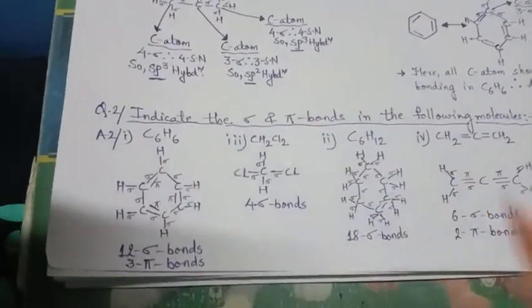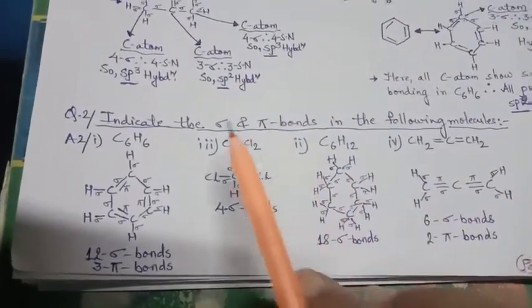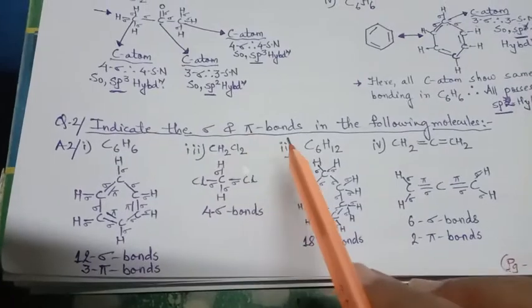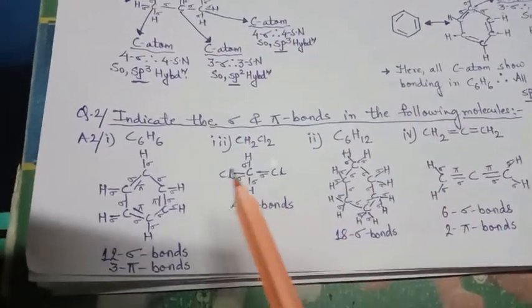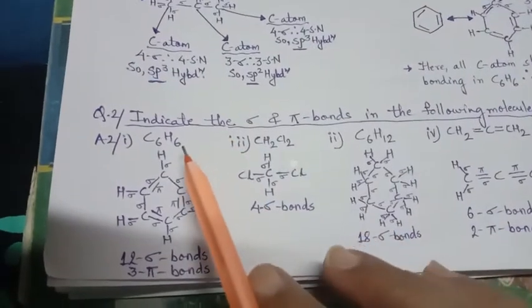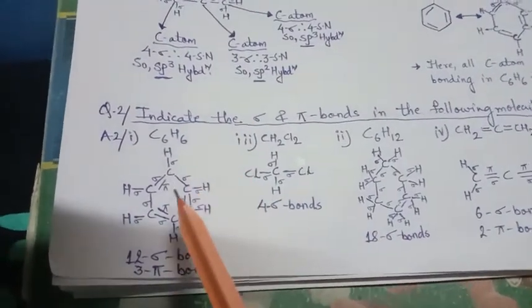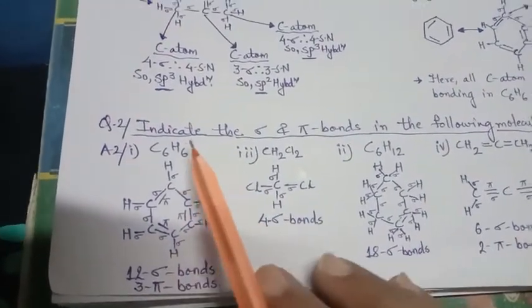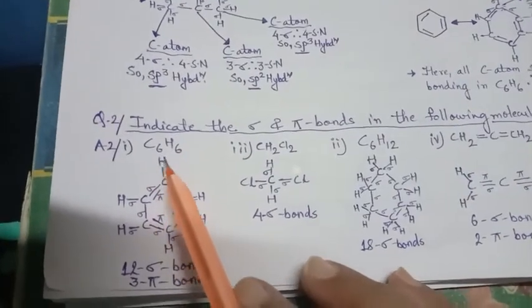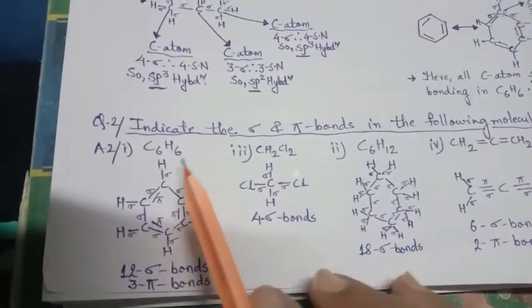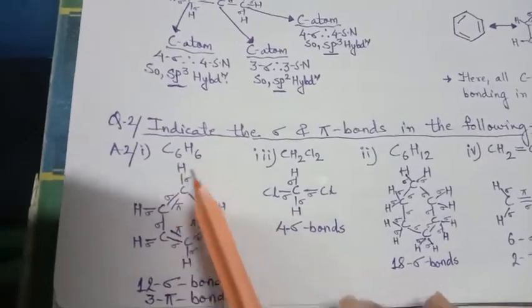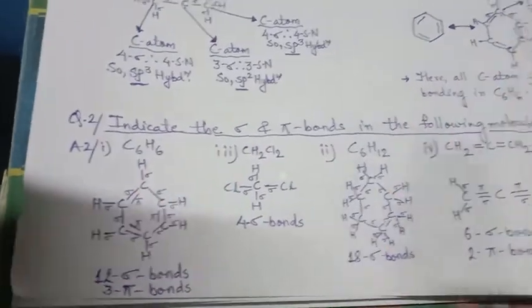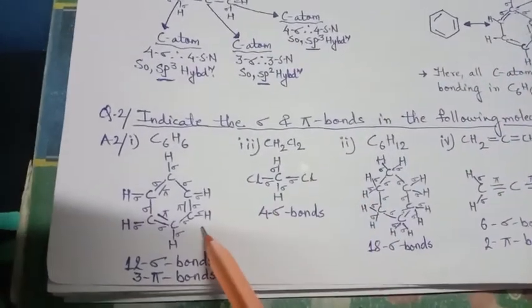Clear? So please take care and accordingly try to solve the hybridization. Now let us go to the next question: indicate the sigma and pi bonds in the following molecules. We are given a few molecules, and we need to find out how many sigma and how many pi bonds there are. We know that all single bonds are sigma, and when it is a double or triple bond, only then is a pi bond considered. First is C6H6, which we just drew, and I have drawn it again here.